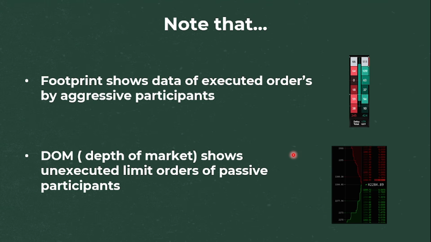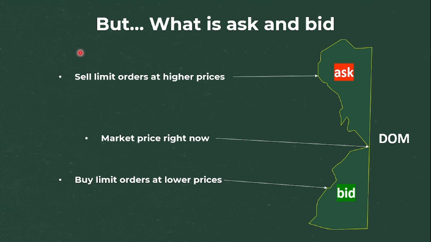Here in the DOM, the sell limit orders at higher prices are called the ask. This is the current market price right here, and at the lower prices are the buyers who put limit orders for buying. This is called the bid.